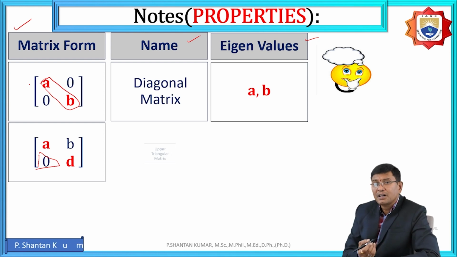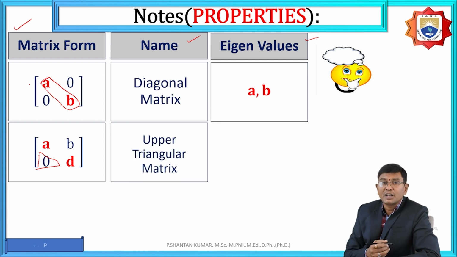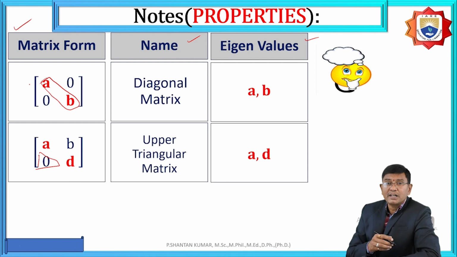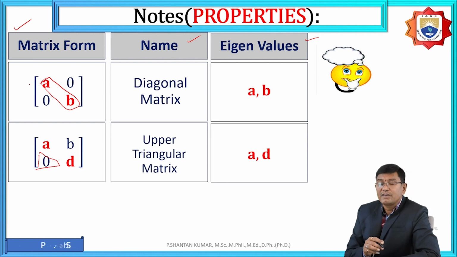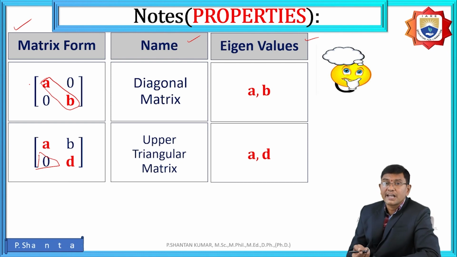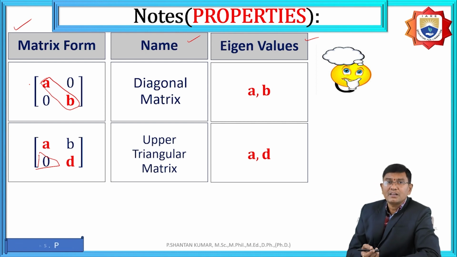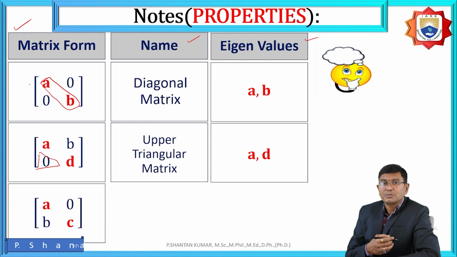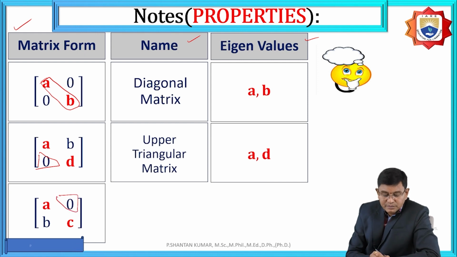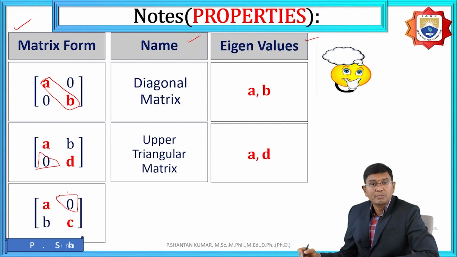Whenever the matrix is upper triangular, the eigenvalues are clearly the diagonal elements. That means whenever the matrix is diagonal, the eigenvalues are the diagonal elements, and if it is upper triangular, the eigenvalues are also the diagonal elements. And further, a matrix of the other type is a lower triangular matrix.